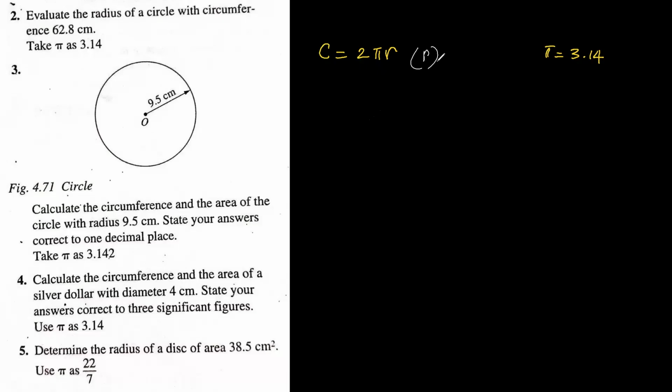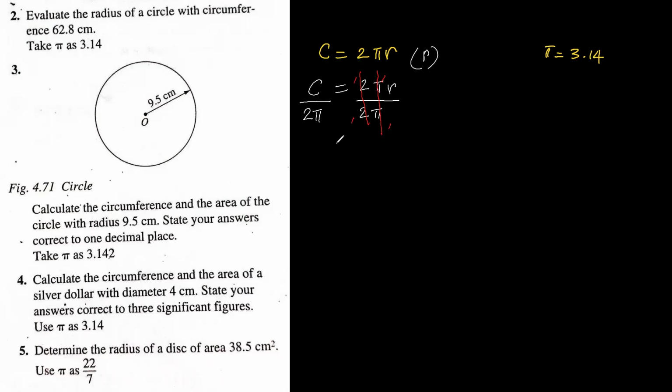To make r the subject of the formula, I have to divide throughout by 2 pi. The 2 into 2 is 1, pi into pi is 1, leaving me with r.